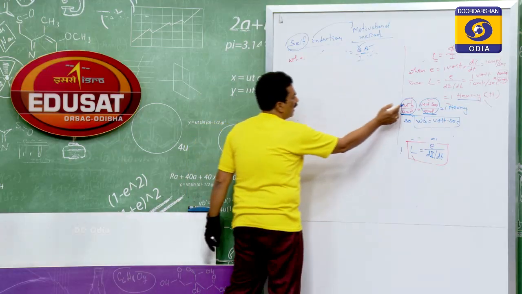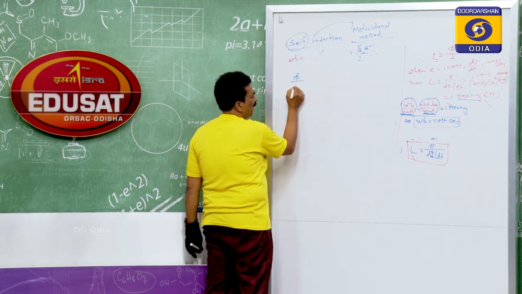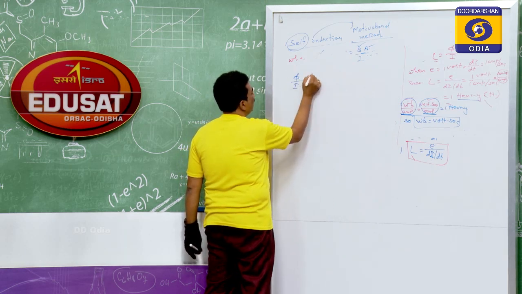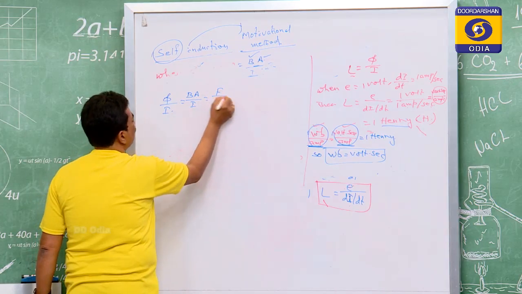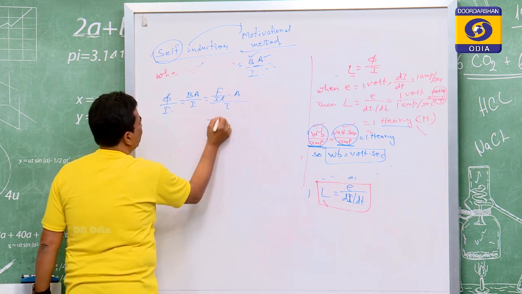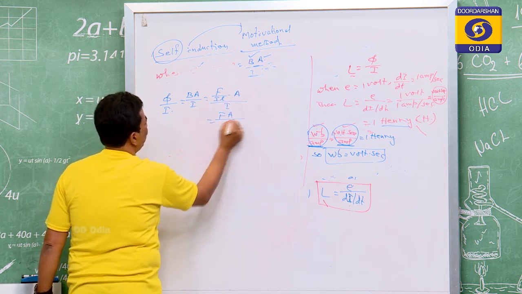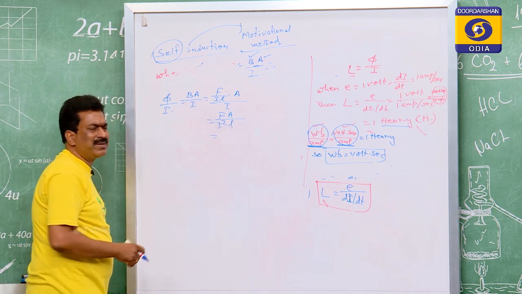So if you calculate the dimension, this is the Weber. Weber means phi by I. Phi is equal to BA by I. B is equal to F by IL, into A by I, that is equal to FA by I square L. Now put in each and every dimension.